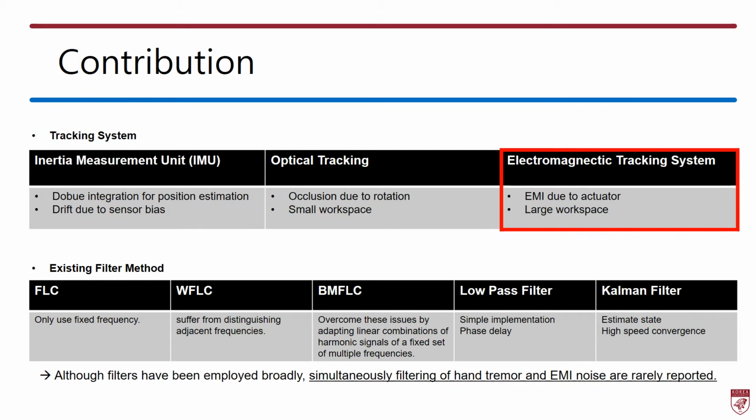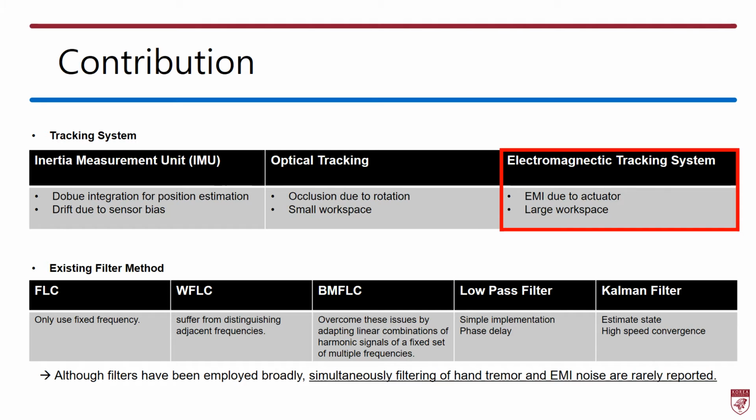This study is summarized as follows. There are existing tracking systems such as IMU and optical tracking that can be used in handheld robots, but an electromagnetic tracking system that can overcome the limitations of existing tracking systems is used. However, when used with an electric actuator, EMI noise is generated and the positioning accuracy is reduced.